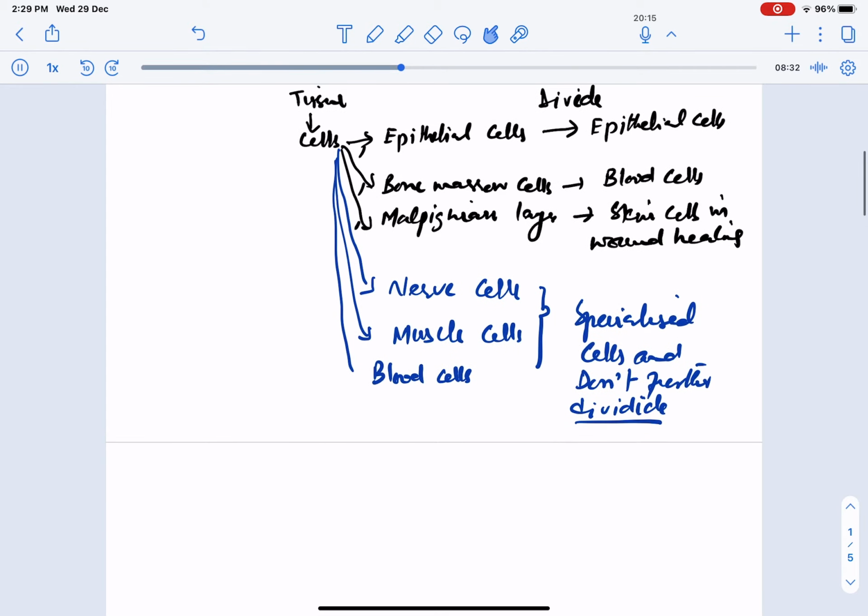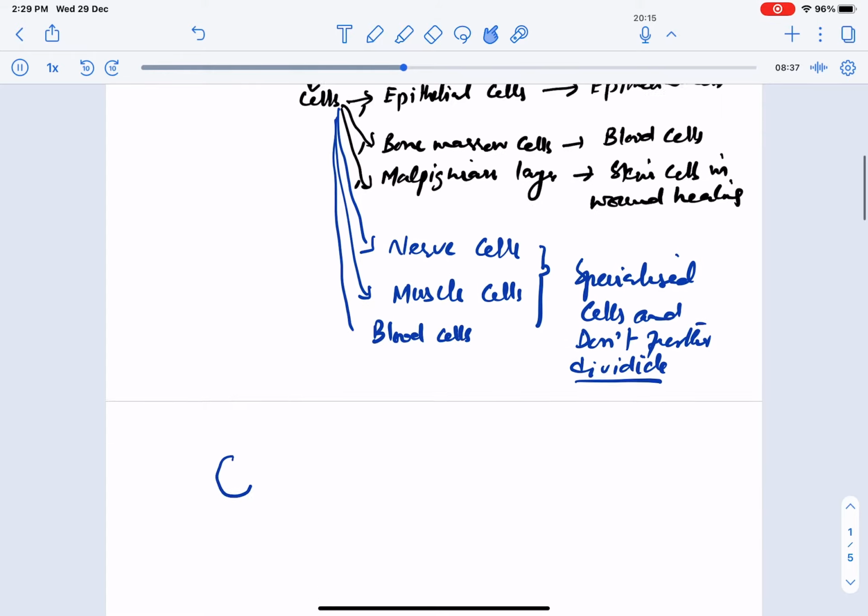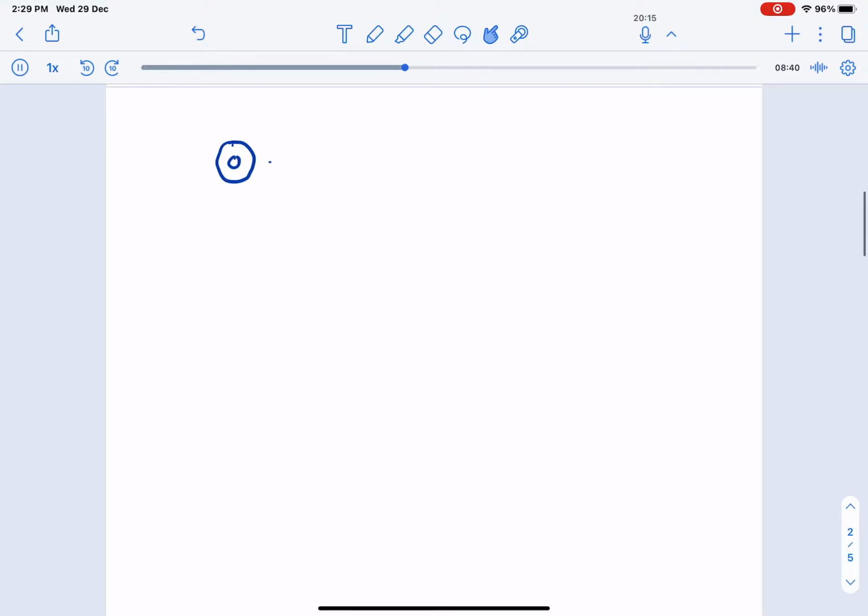So if we just look at it again, if this is for instance a cell, it has the ability to divide and it produces two cells by mitosis. One cell has the ability to continue to divide slowly and the other divides rapidly and produces a large number of cells of the various types.